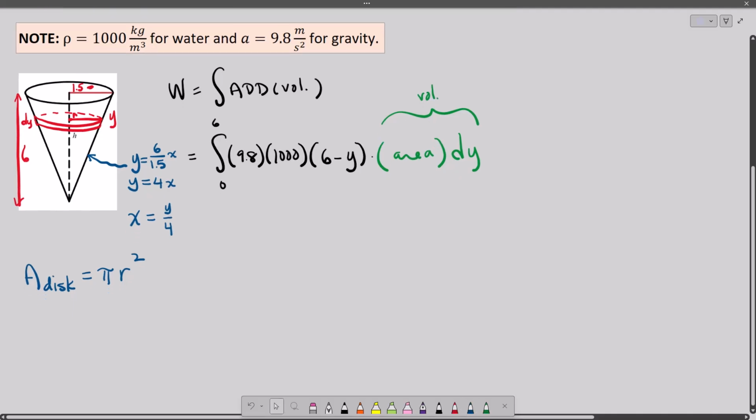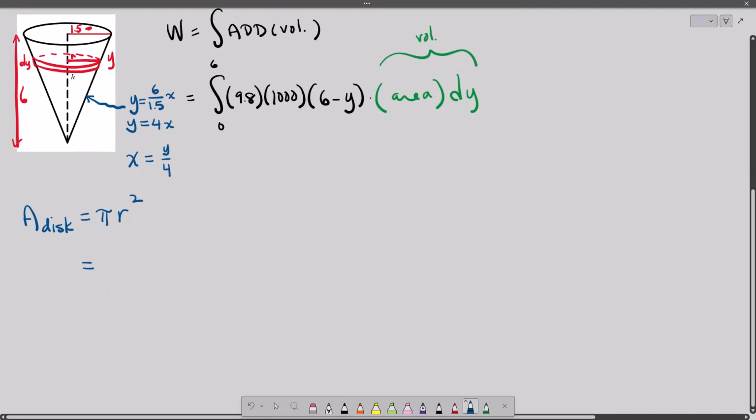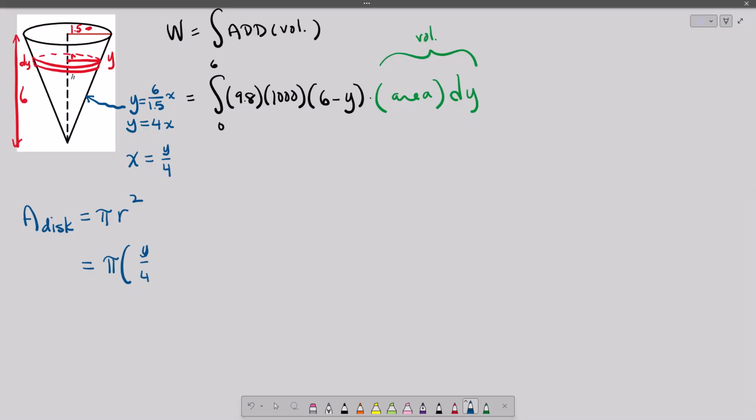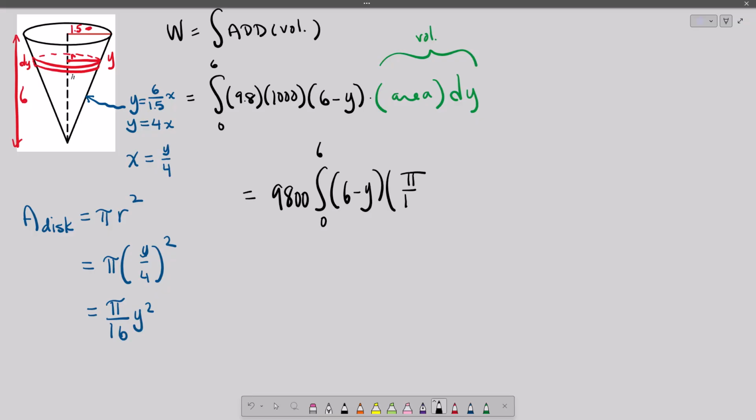So our disk area is going to be pi times y over 4 quantity squared. So that's going to be pi over 16 multiplied by y squared. That is the area that's going to drop in here. So let's pull out the 9800 first. Integral 0 to 6, 6 minus y, area is going to be pi divided by 16 multiplied by y squared dy.